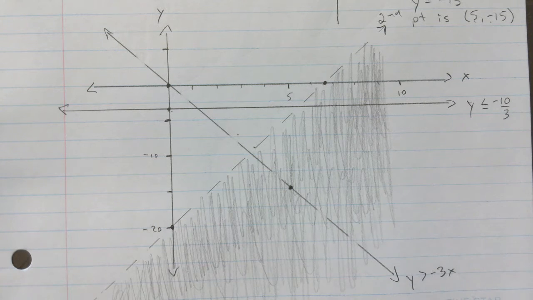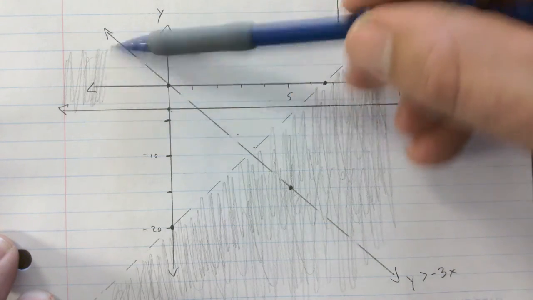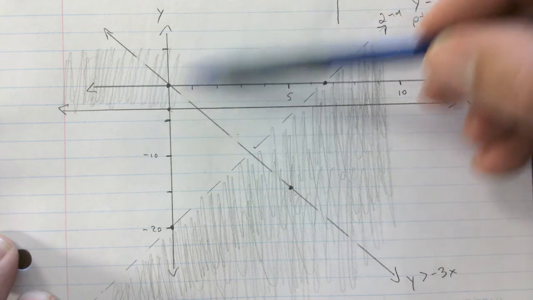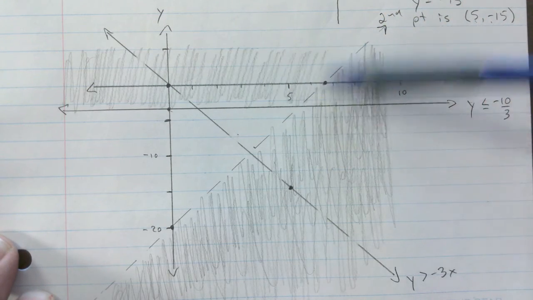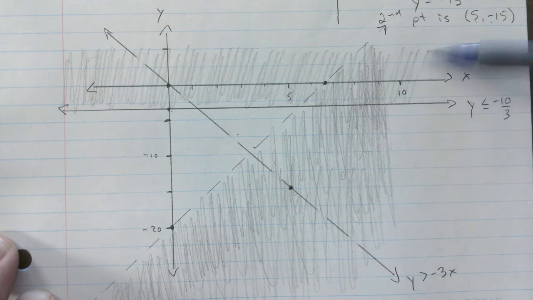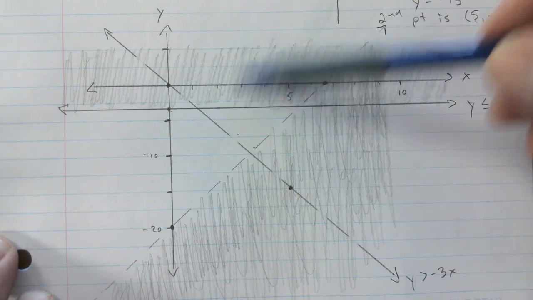Okay. The other one, the horizontal line, I'm shading above, right? So it's all right there. I don't have to guess and be like, wait a minute, how was it again? I told myself right after I was done working with it. So everywhere above that horizontal line, all of that is false.